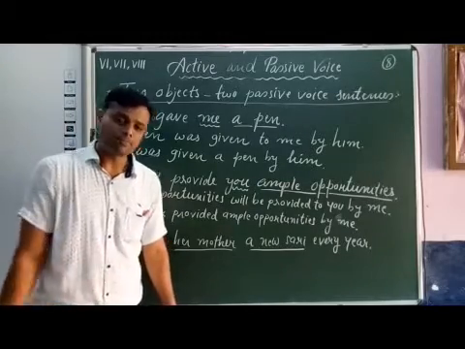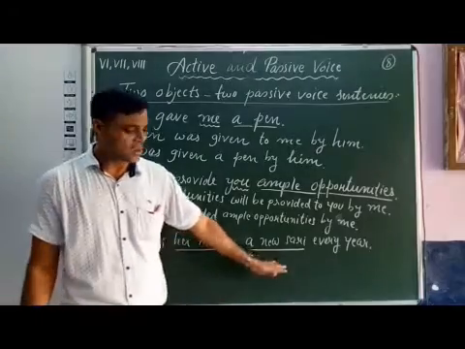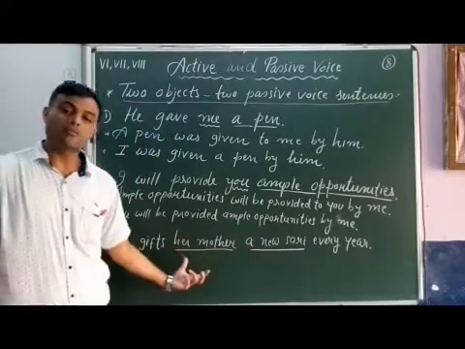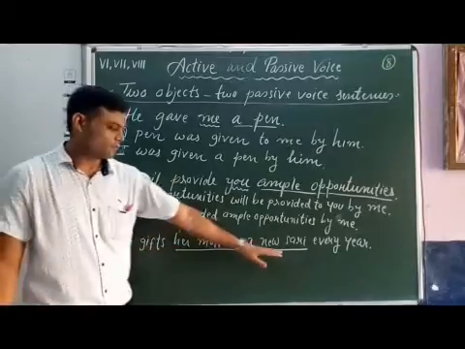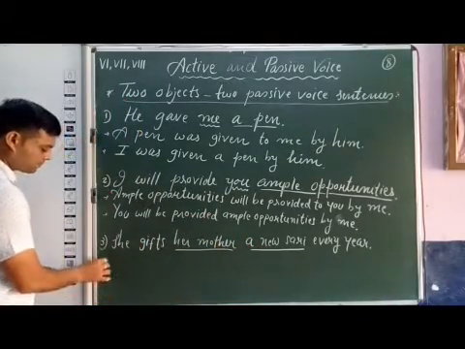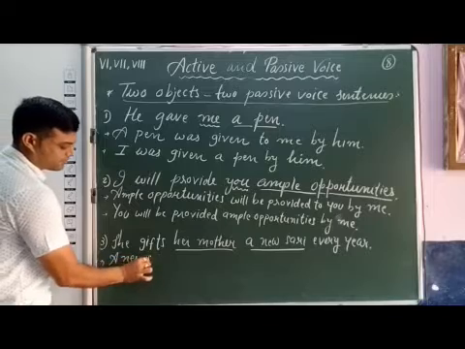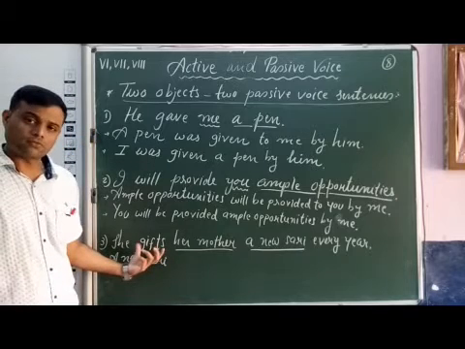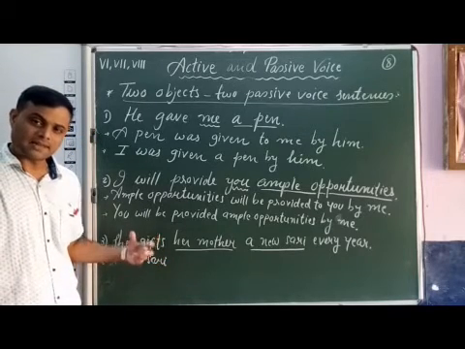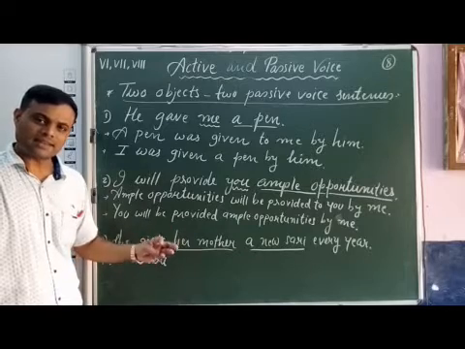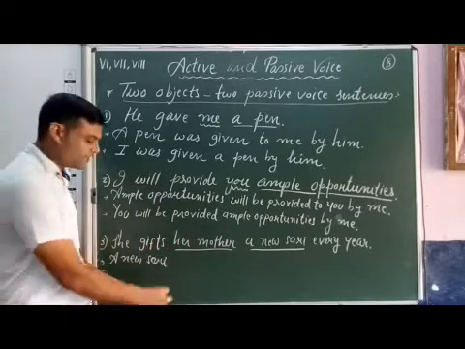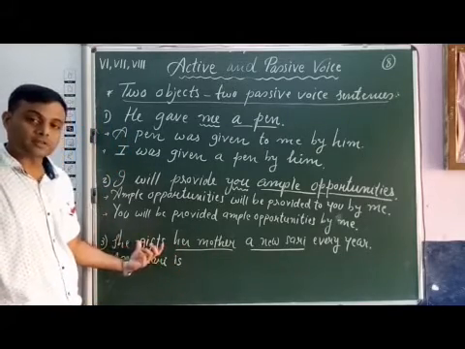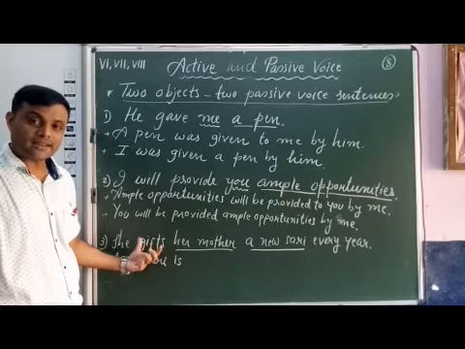Let's take one more example. She gives her mother a new sari every year. Two objects, a new sari, direct object, and her mother, indirect object. First we use direct object, a new sari. She gives, which tense? Simple present tense. And simple present tense to be forms am, is, and are. Now with a new sari we use is. A new sari is. Now gives, it is a verb. Its V3, gifted.